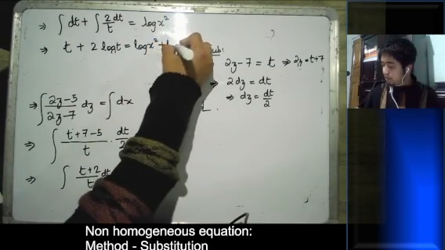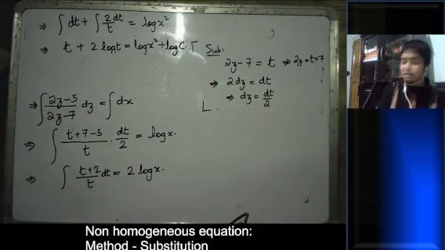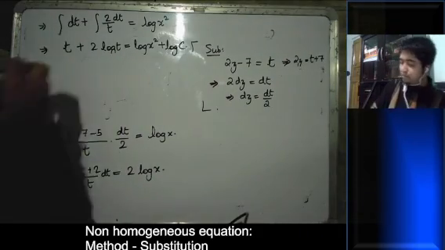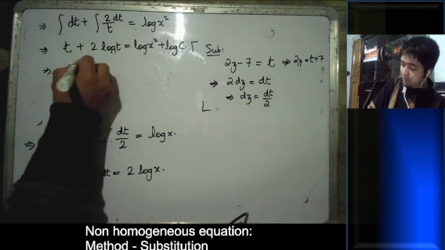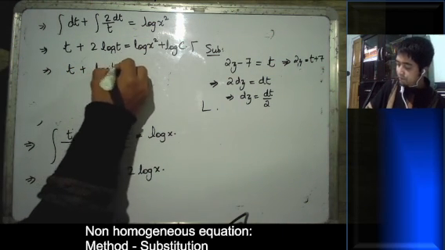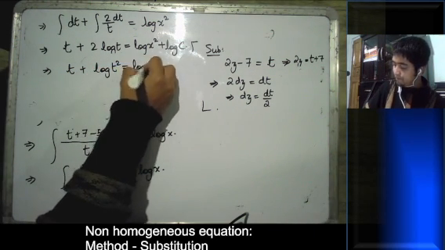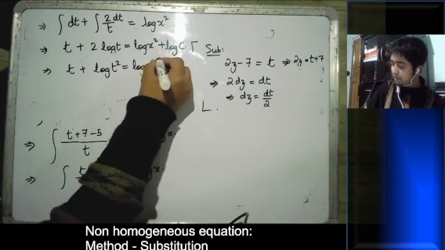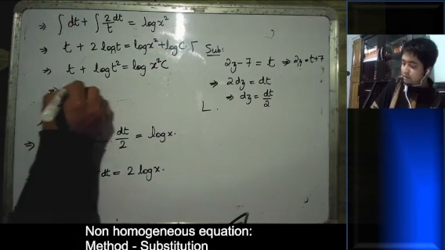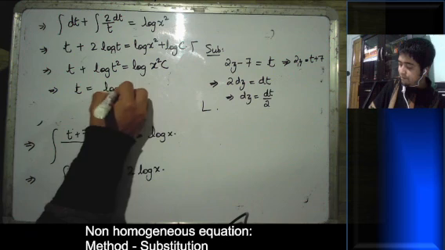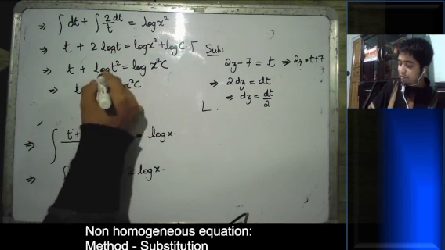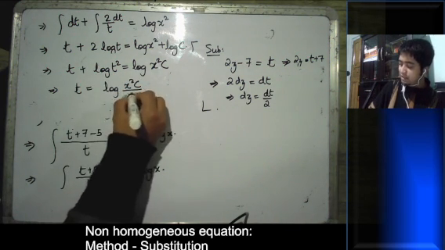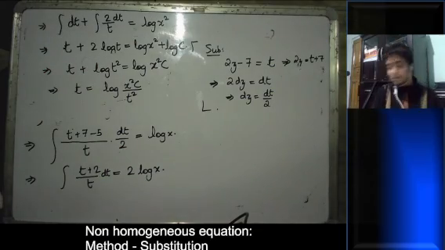log c. Okay, c or log c, anything will do, depends on you. So t plus log t squared equal log x squared c. Okay, so t, this log x squared c, if you change it to this side, it becomes like this.